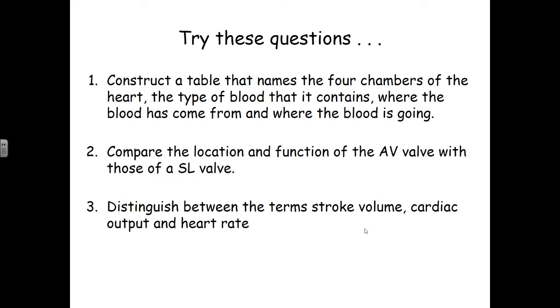So you could try these questions, constructing a table to name the four chambers of the heart, the types of blood, oxygenated or deoxygenated, found in them, where the blood has come from, and where the blood is going.